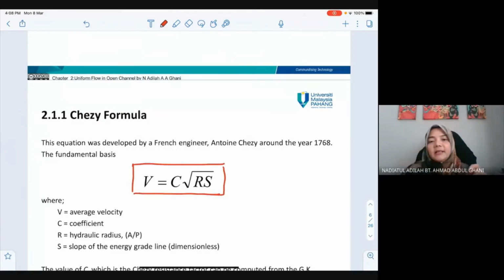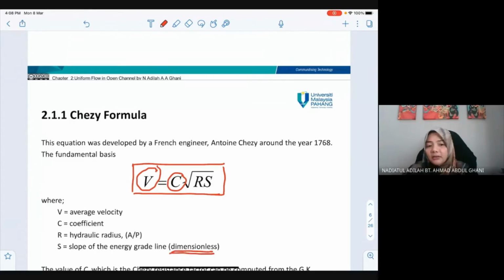The Chezy formula is for calculating the average velocity, which equals the coefficient C times the square root of RS. R is the hydraulic radius and S is the slope of energy grade line. There are no units for this slope of energy grade line, which is dimensionless.